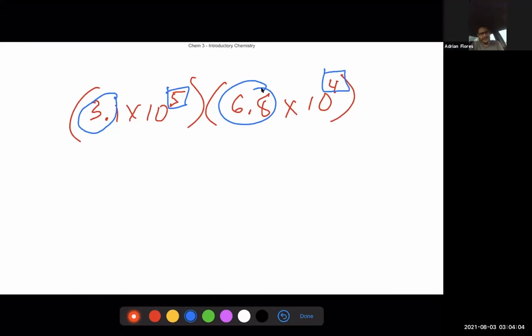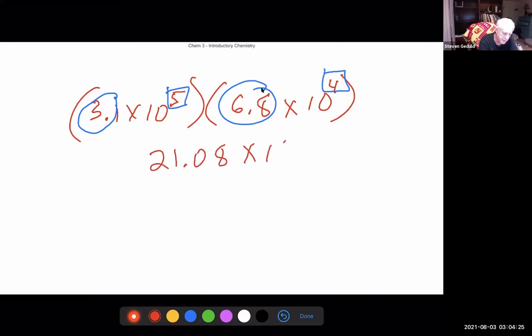So 3.1 times 6.8 comes out to 21.08 times 10 to the, and you add those together, 5 and 4 is 9.